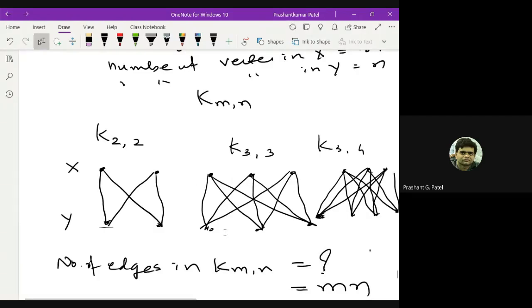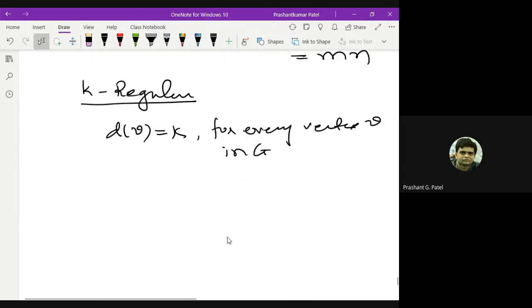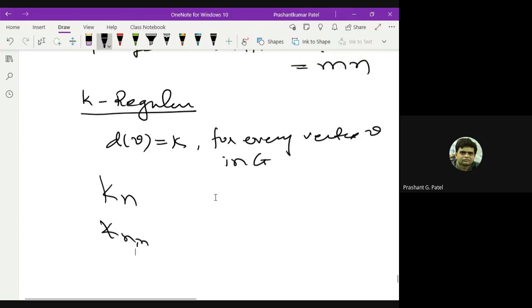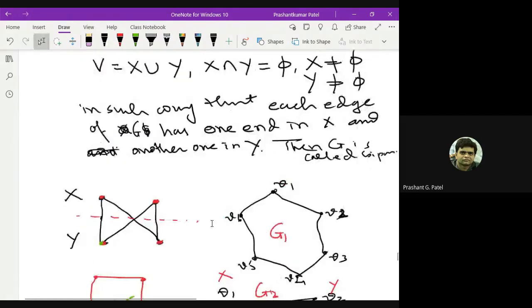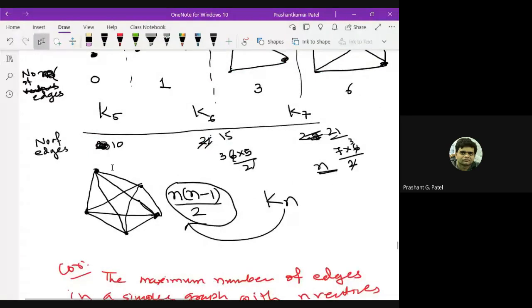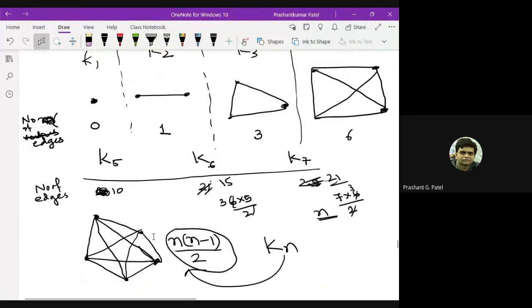You can see that. In general, can I ask you, is Kn a K regular graph? How much degree is there in each vertex in Kn? What about Knn, the complete bipartite graph? Is it a K regular graph? We have plotted Kn here. Kn is this graph, the complete graph. How much degree does this vertex have?